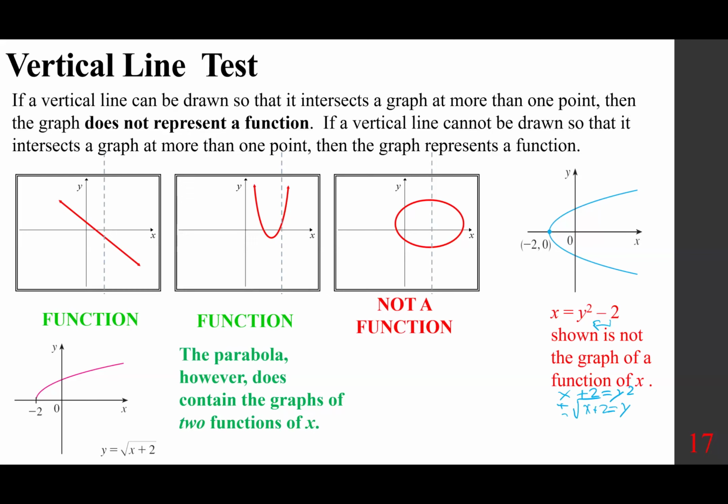So the top one is the plus one, and that is a function. And y equals minus square root of x plus 2 is the bottom half. So this cuts it into 2 halves, the top half and the bottom half. Both of them are functions. So the parabola, however, does contain the graph of 2 functions of x. Okay, this one and this one. So in other words, there is a way to fix the problem.